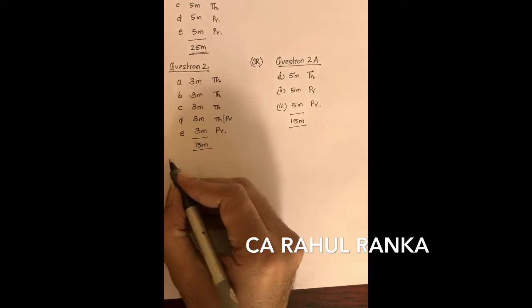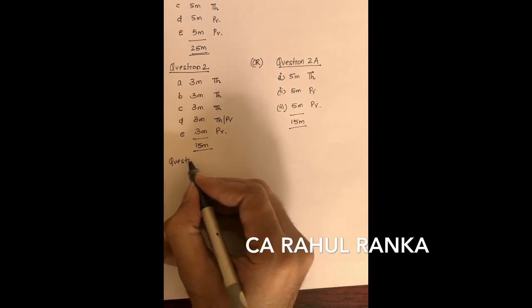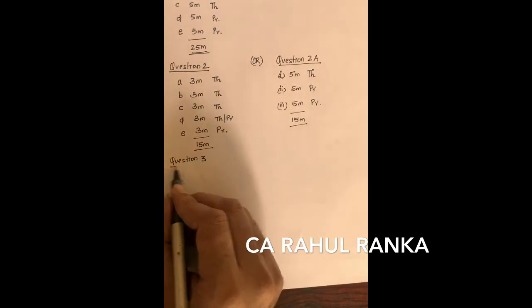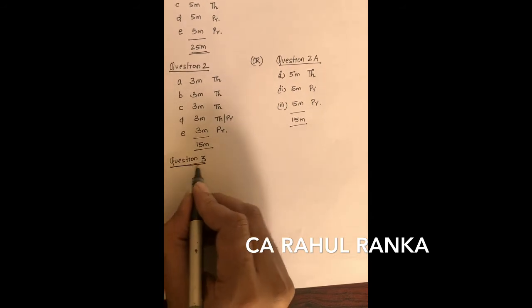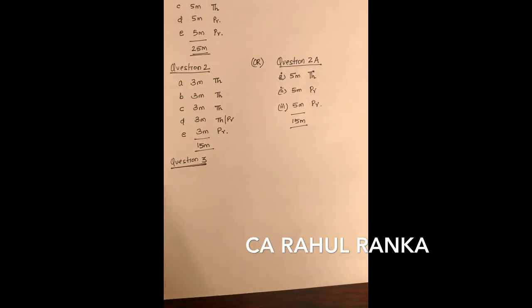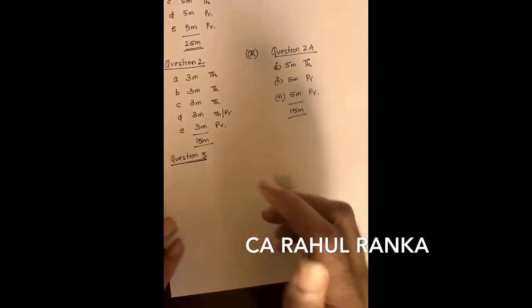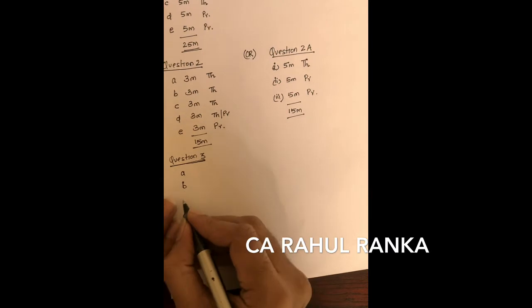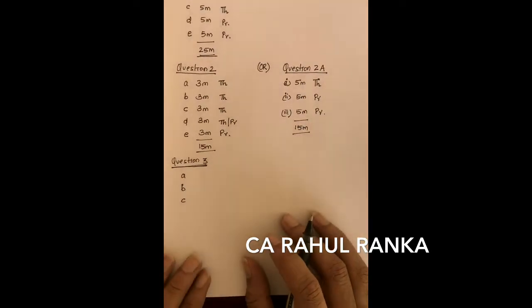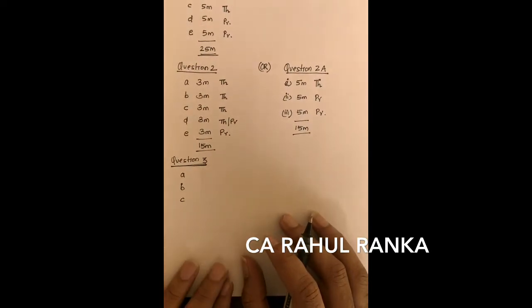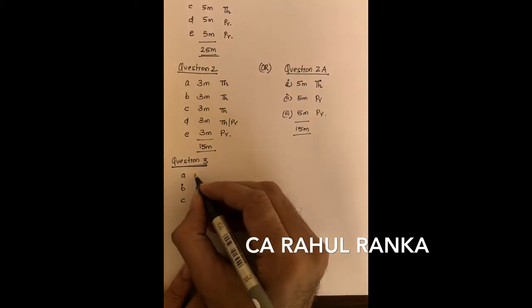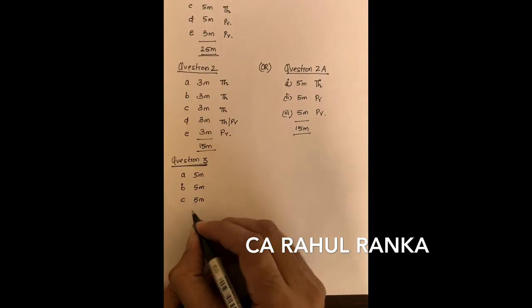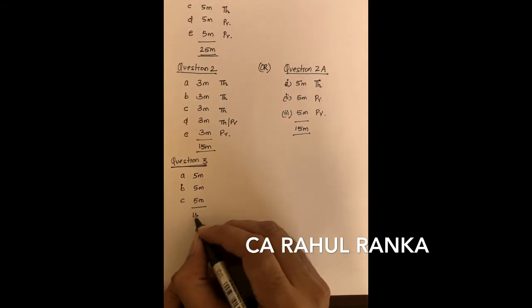And then we have question number 3. This question number 3 consists of A, B and C, each of 5 marks, and the total is 15 marks.